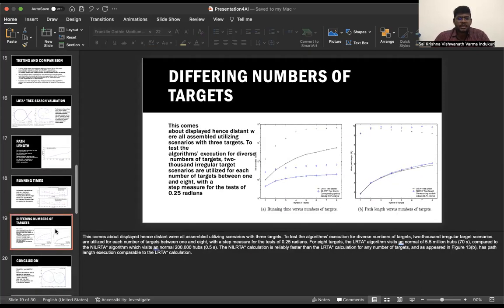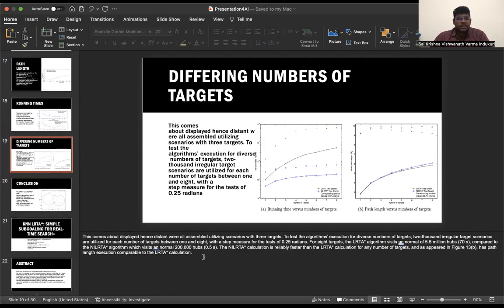And next comes different types of targets. So this shows the results for distance for all scenarios with 3 targets. To test the algorithm's performance for different numbers of targets, 2000 random target scenarios are used for each number of targets between 1 and 8 with a step measure of 0.25 radians.